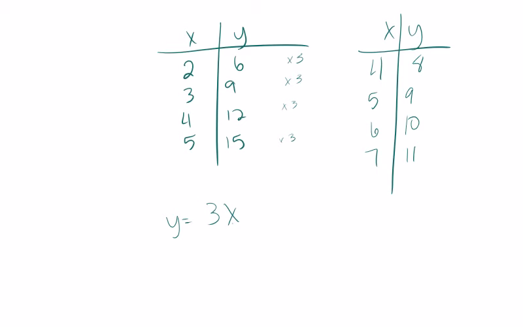It's what am I doing to get from x to y? So it's multiplying by 2, but does that work for anything else? No. It's adding 4. See how that works? So the rule would be y equals x plus 4, because I'm taking every x and adding 4 to it. These really aren't super complicated.